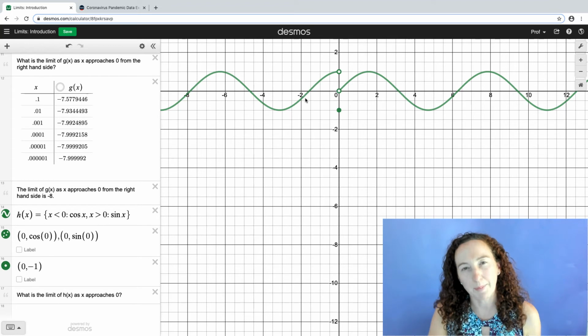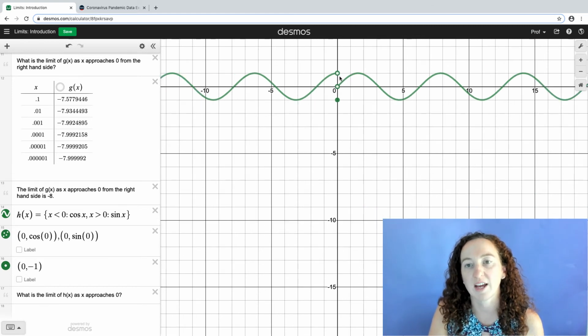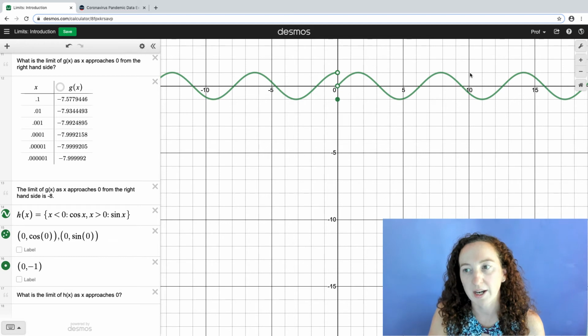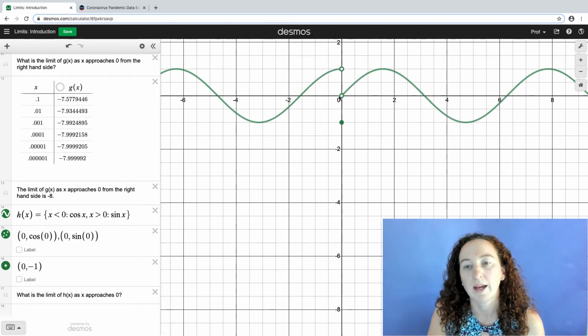So if I'm eyeballing this, a limit does not exist because my limit from my left-hand side is 1. My limit from the right-hand side is 0. Even though the function does not exist at those points, that's what the limit is. There we go. And the actual value at x equals 0 is irrelevant.